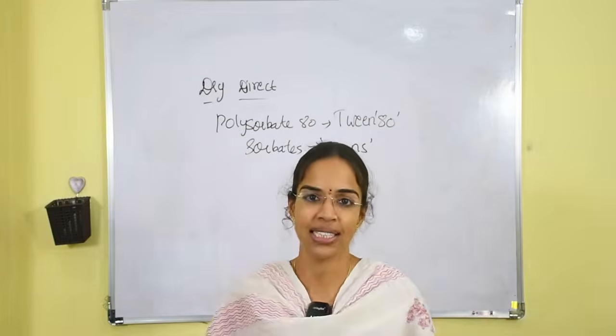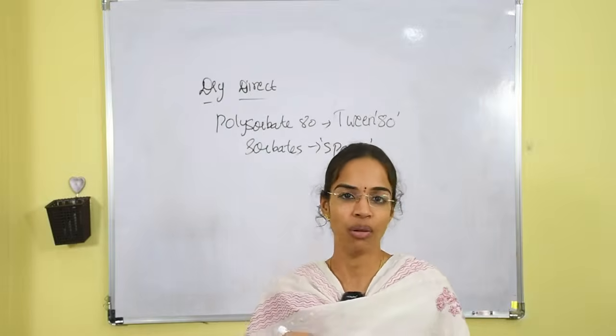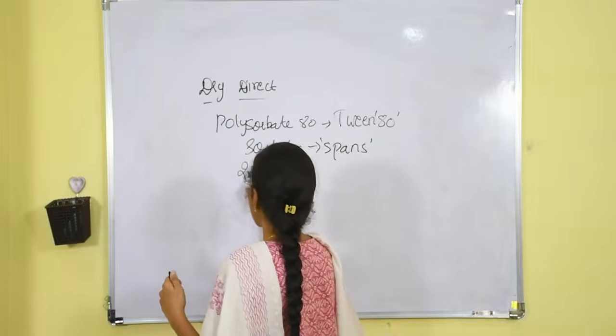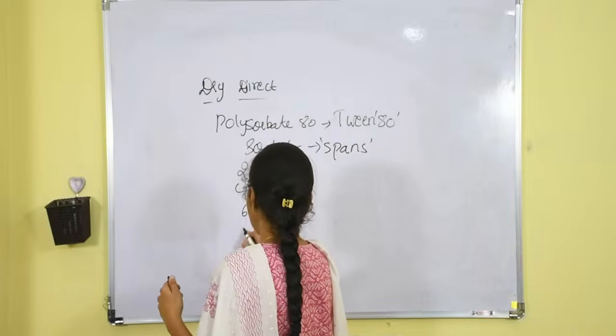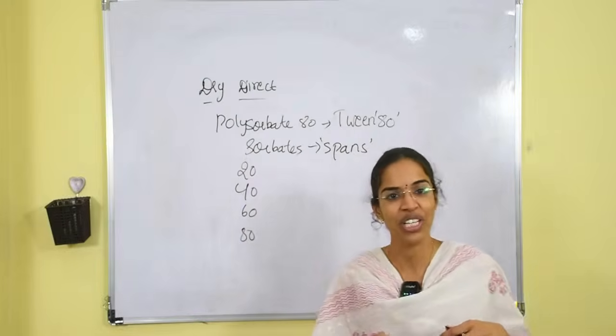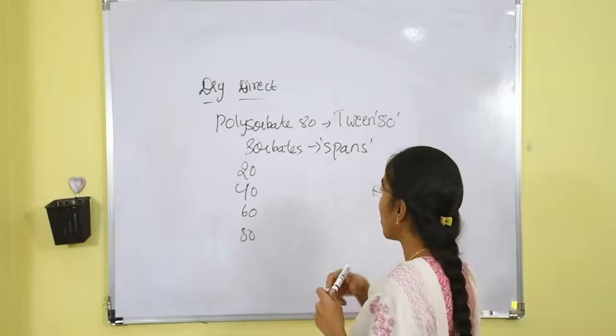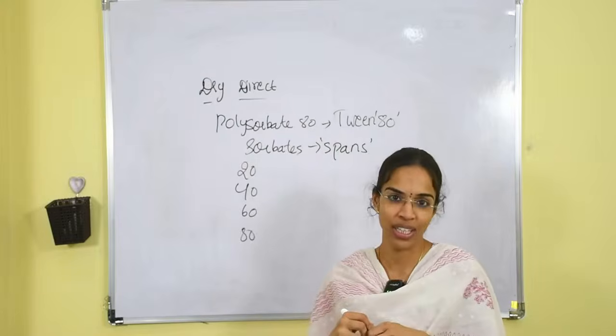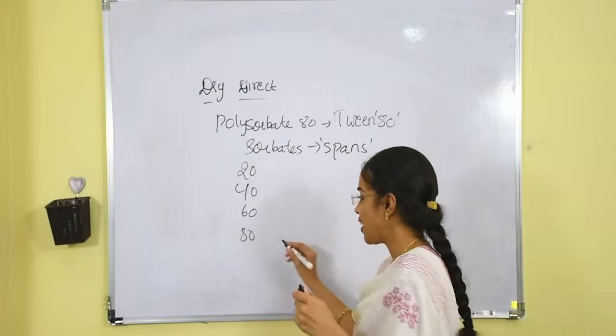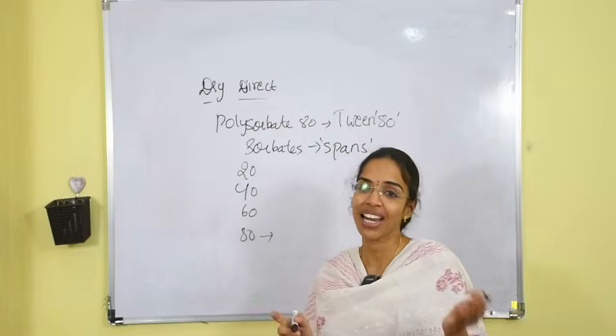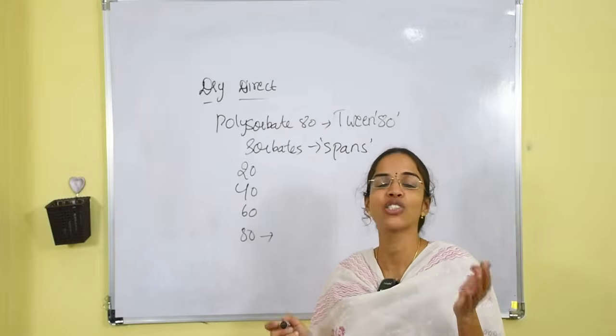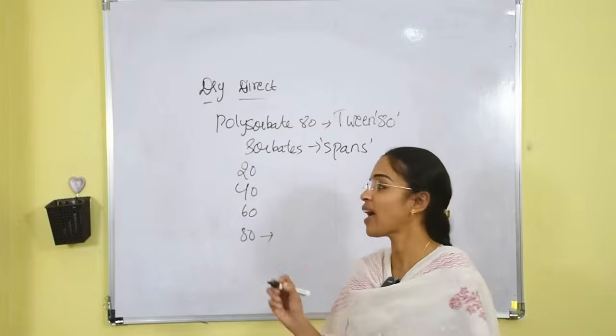And we have a series of these polysorbates: 20, 40, 60 and 80. So what is polysorbate 80 or Tween 80? They are polyoxyethylene sorbitol esters of various fatty acids.